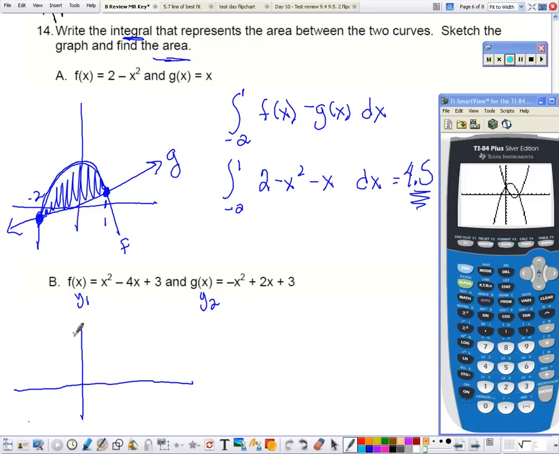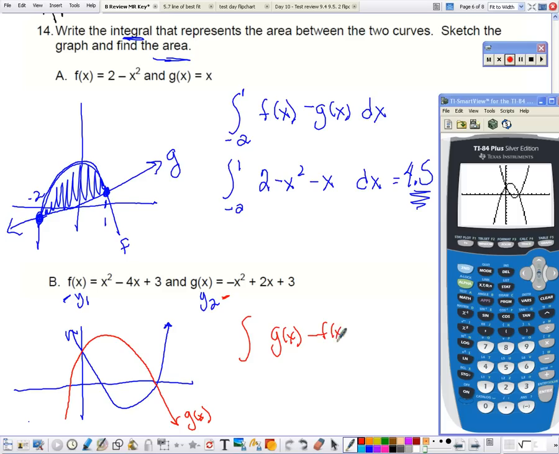So my first function looks like this. That's the f of x. G of x looks like this. That's g of x. So when I'm looking for my integral, I'm going to have g of x minus f of x, because g is always on top.